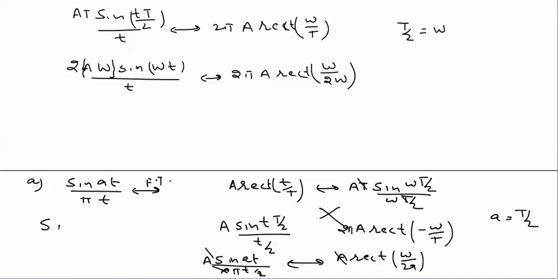So the Fourier transform of sine at upon pi t is rect omega upon 2a. We can draw it.